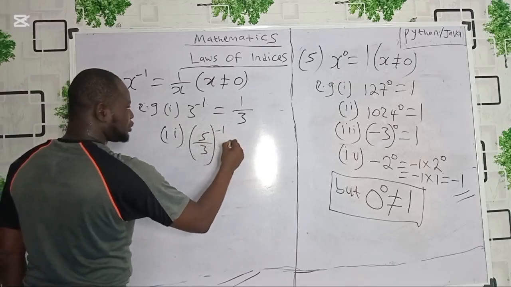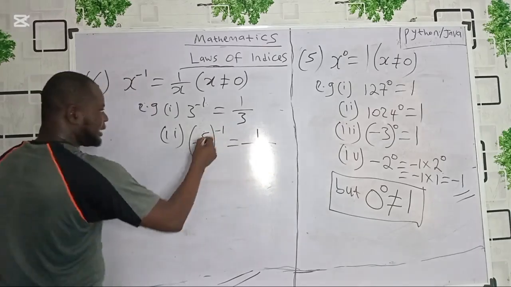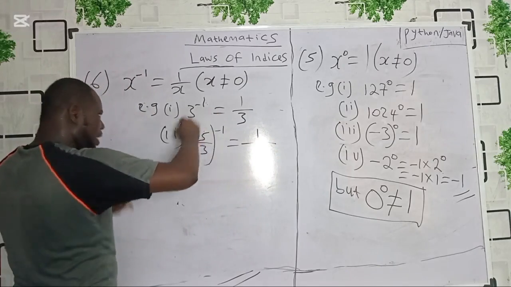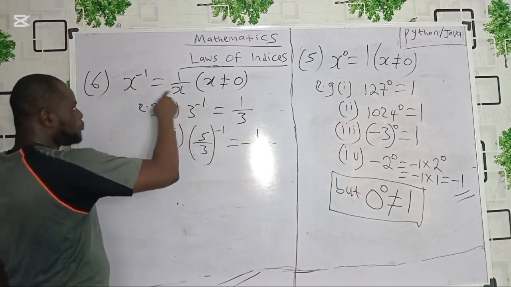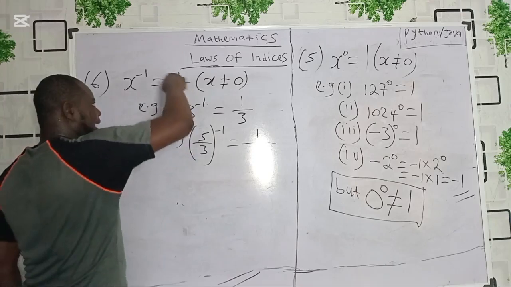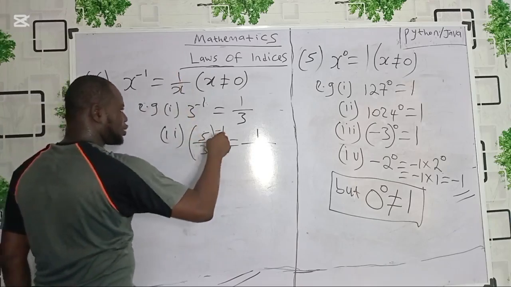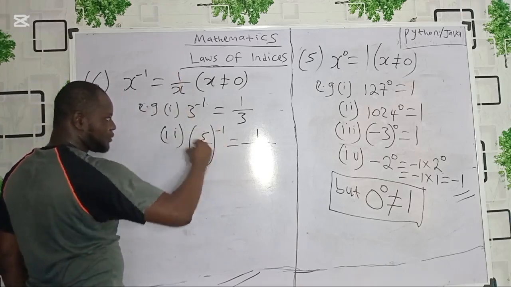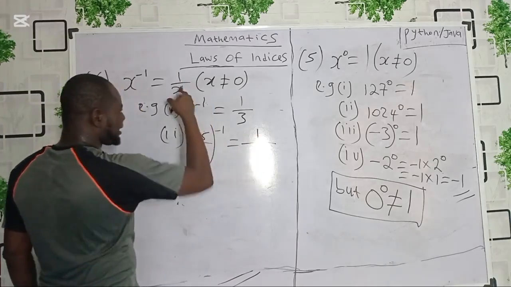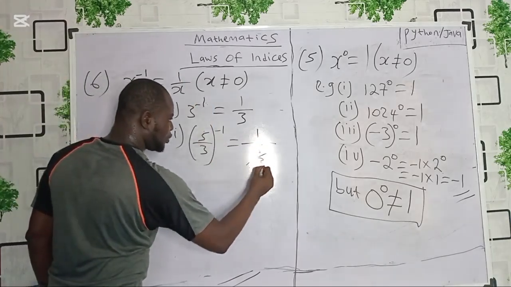Minus 1. It will now become 1 over, in this case now, 5 over 3 is now x. If you follow this law, since x raised to power minus 1 is 1 over x, so in this case, 5 over 3 raised to power minus 1, our x is now 5 over 3, it will now become 1 over x. It will now be 1 over 5 all over 3.